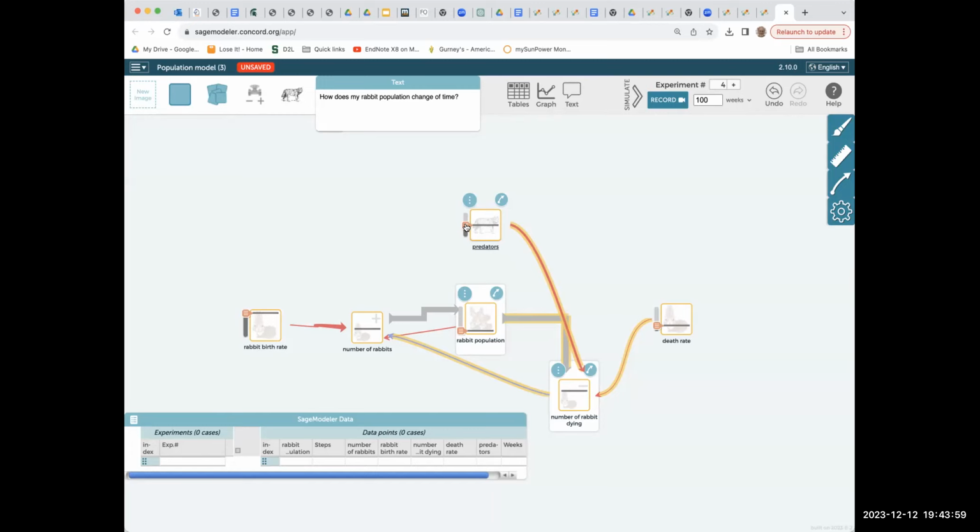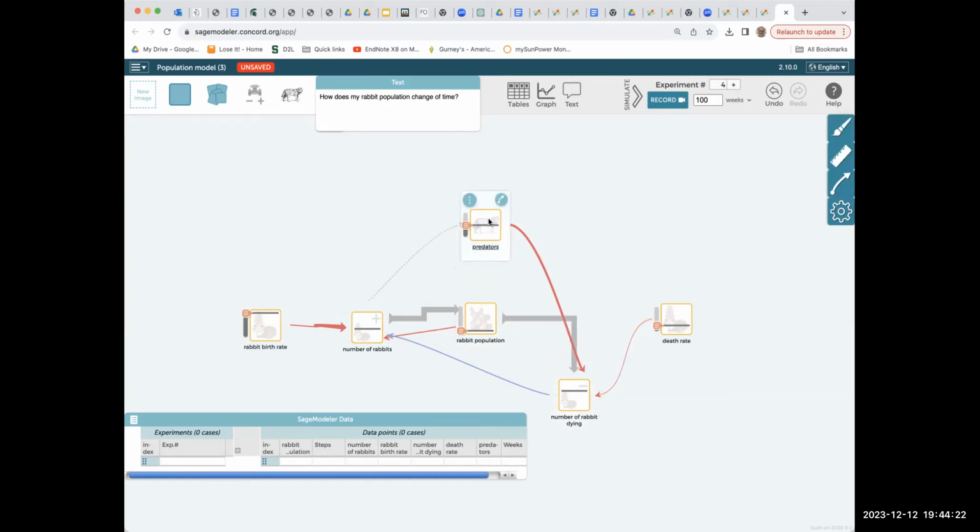And so we have to add to our model. We could continue to add variables about how the predator population gets affected by the number of rabbits. For instance, we could draw an arrow from the number of rabbits to the number of predators.